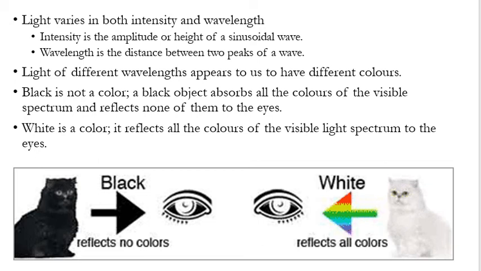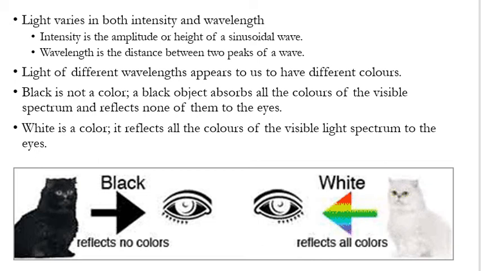So white, on the other side, is a color. It reflects all of them at a go, and so you just see white. All right, so there's that picture for you to just remember.